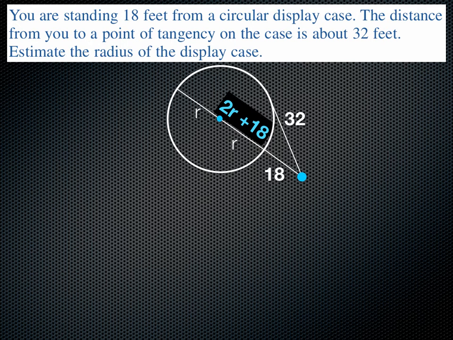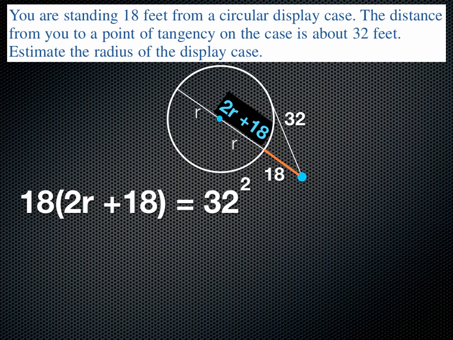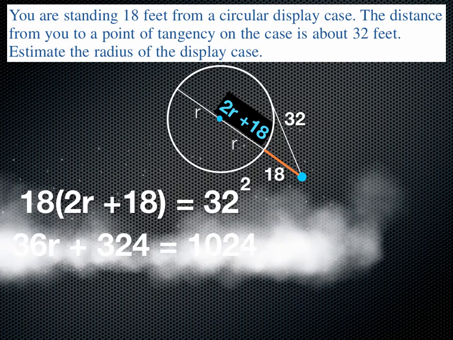Now I can use my theorem and say that 18 times 2r plus 18, so my external segment times my whole secant segment, will be equal to 32 squared, which is my tangent segment squared. Go ahead and distribute your 18 and square 32.